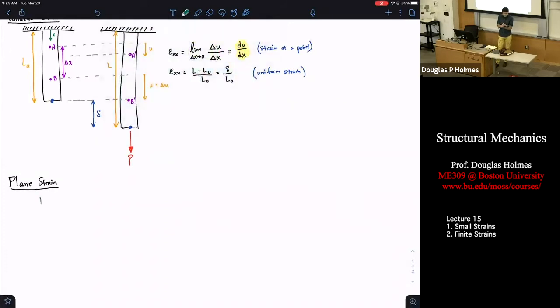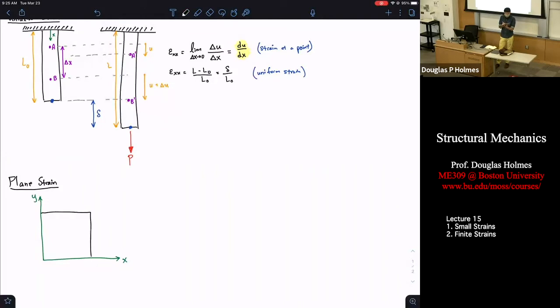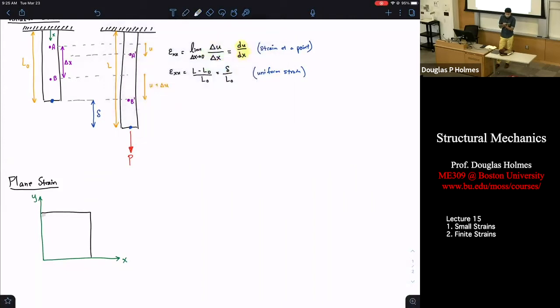And so in the case of plane strain, we consider a 2D slice of an object. For the sake of convenience, we will assume that this object initially has a length of 1.